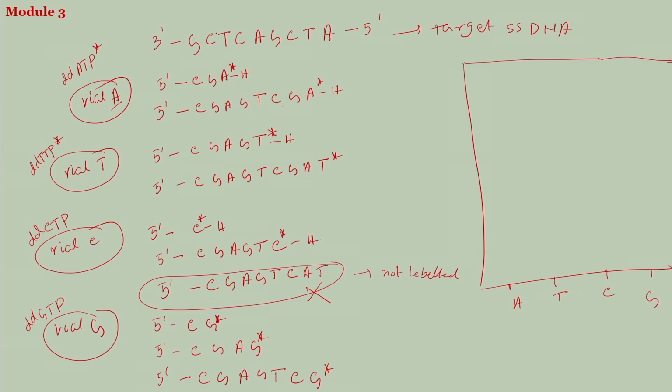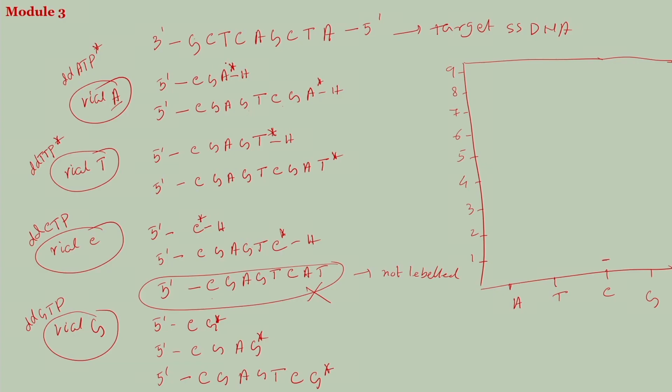We have total 1, 2, 3, 4, 5, 6, 7, 8, 9. 1, 2, 3, 4, 5, 6, 7, 8 and 9. So, first length is here in the vial C.